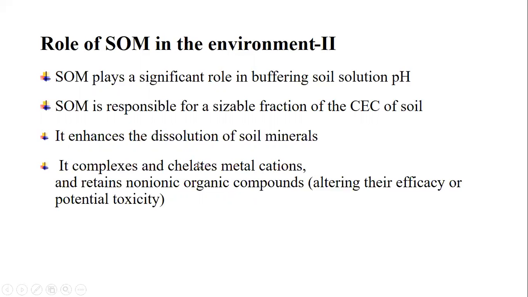And the property of those chelates, especially for plant nutrients and for fertility of the soil, is that they are stable and yet they are considered soluble. So the plants can still obtain these metal cations that are chelated.